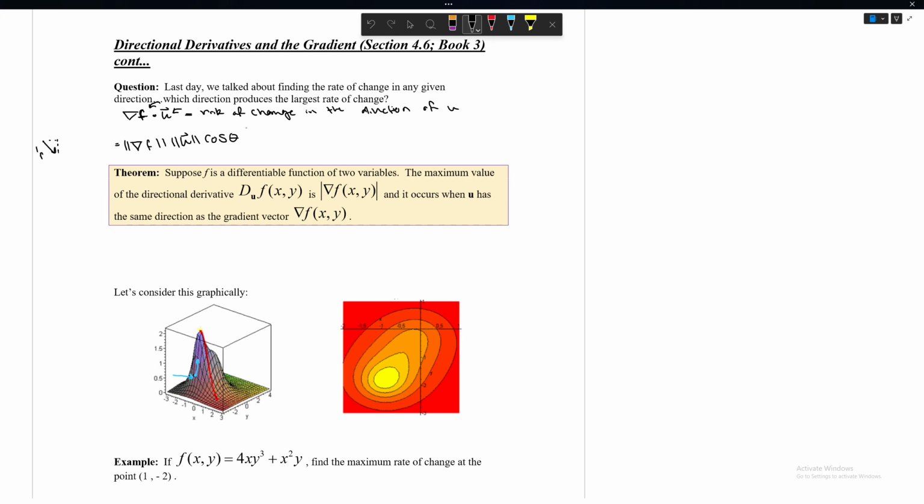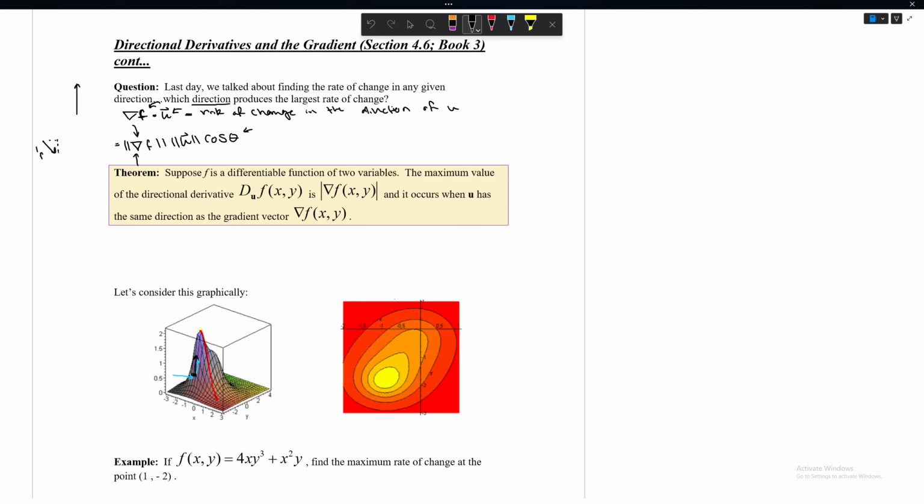The question is, what is my theta? Which direction produces the largest rate of change? Your gradient direction is by default the highest. If I give my rate of change this point, by default it will point to the steepest.